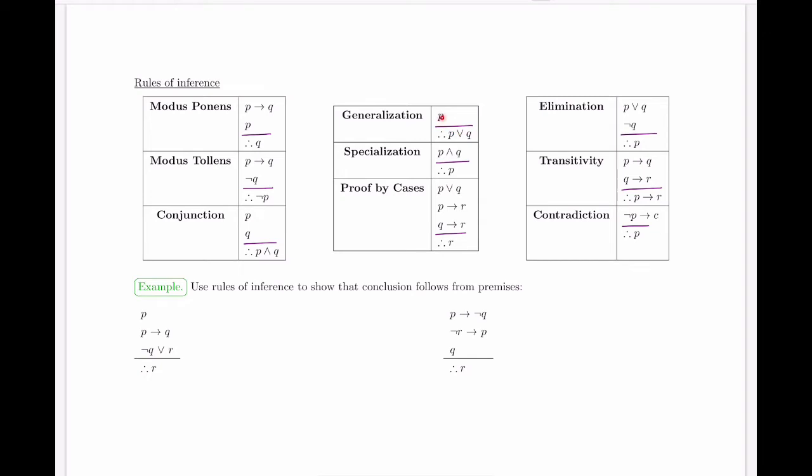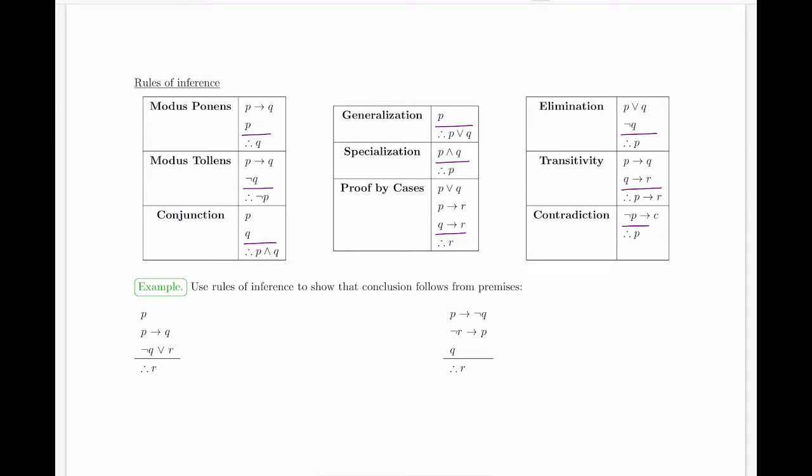If you start with just P, you can always attach "or" anything to it as long as you keep the original P. Specialization strips the additional information down. If you have a statement that is P and Q, then we certainly have just the P. Or, similarly, we could also have the conclusion here being just the Q. Again, remember, it's the underlying structure that matters, not the exact labels on the actual statements.